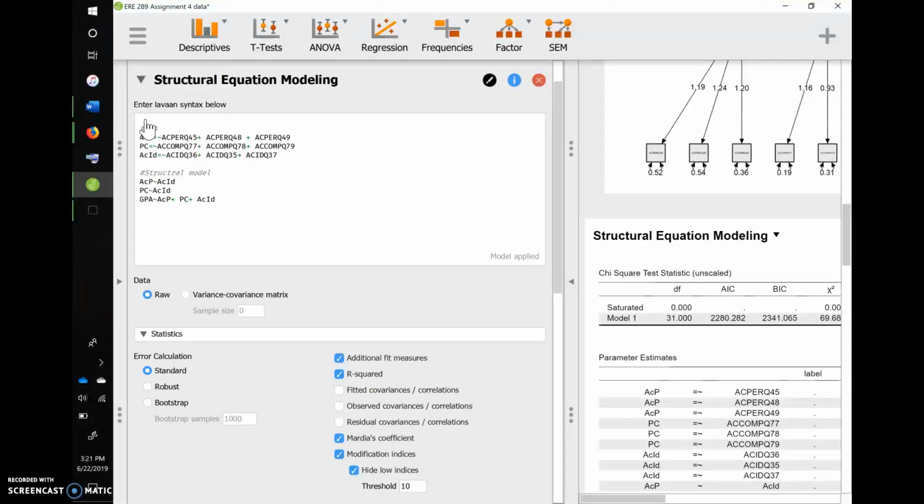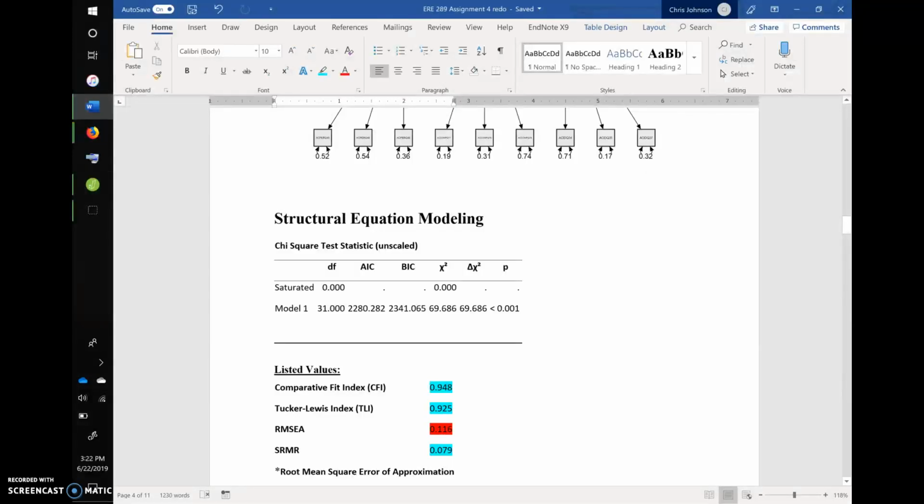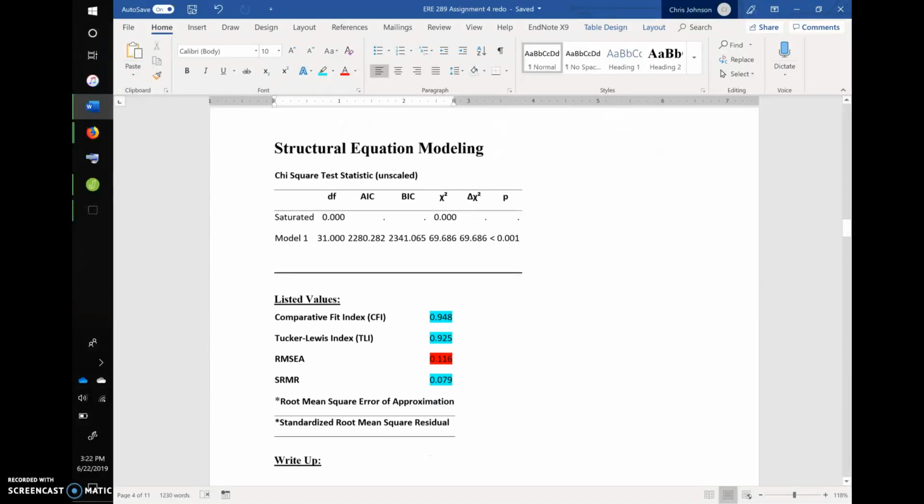And after running this, and this took me a couple times to actually find something significant, I was starting to think I was doing something wrong, but after changing some of the variables and everything, I went back and finally found something that I do believe is correct.